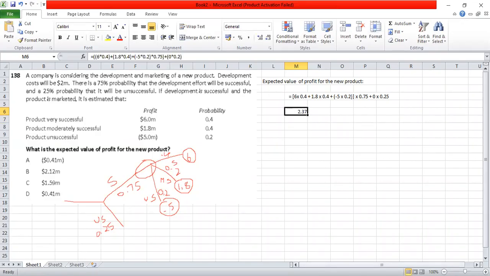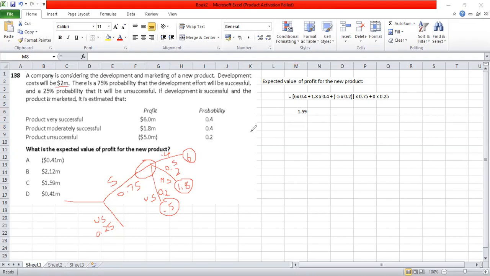How much did you get? 1.59. Okay, 1.59. But to get this benefit of 1.59, they have also spent 2 million cost.